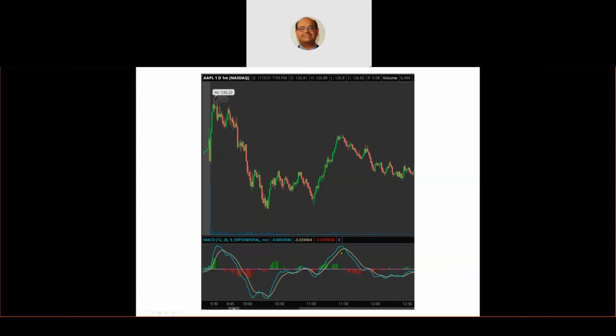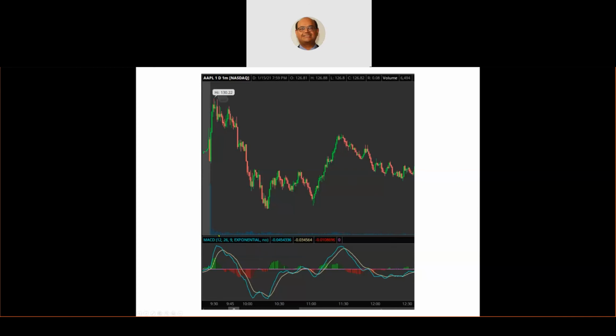Are they over a different period, like 20 days, 50 days, or what? One is at 26 and one is at 9. And it goes back up to 12 bars to study the trend.